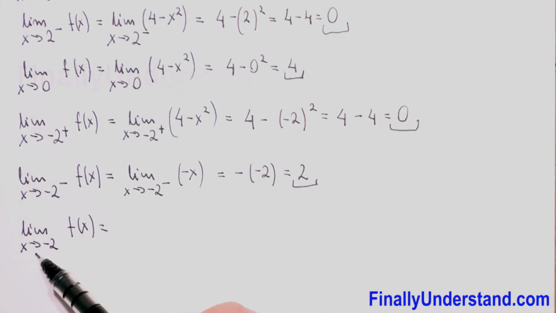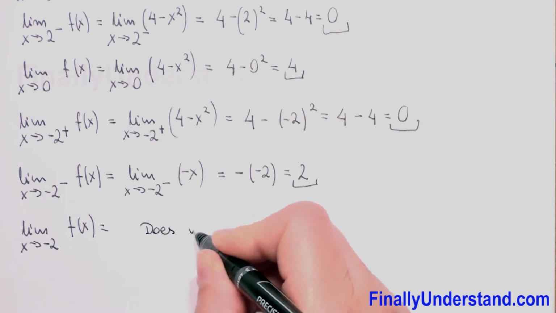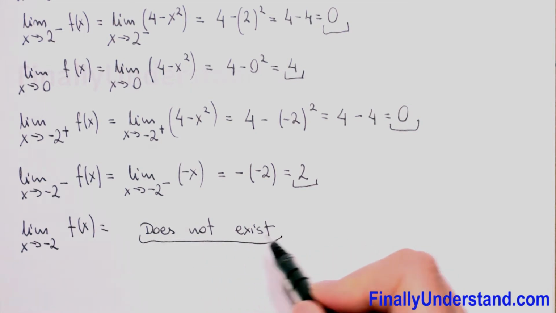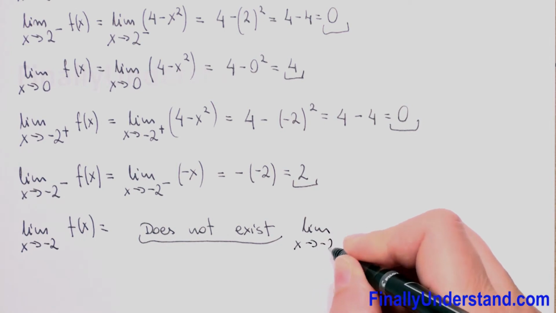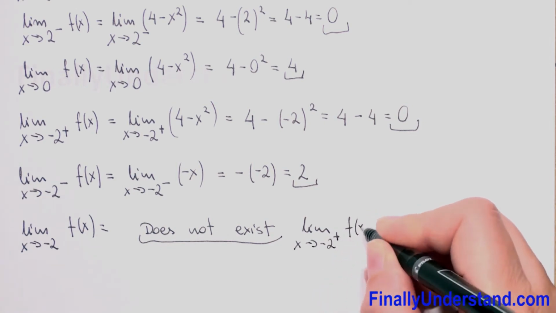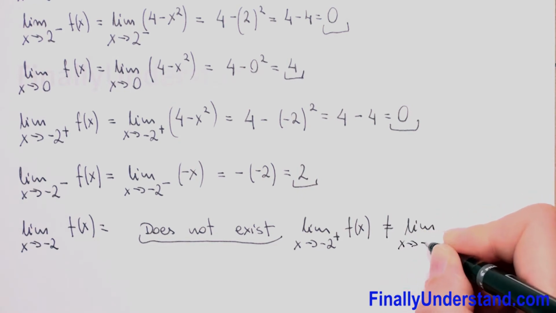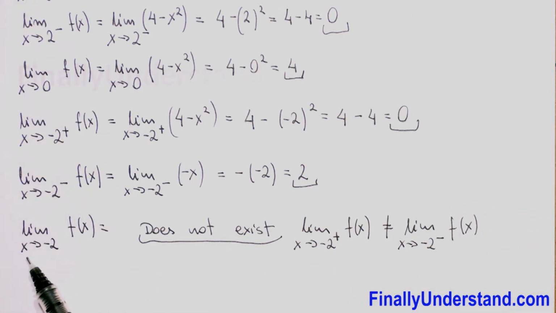It means the limit as x approaches negative 2 of f(x) does not exist. Why? One more time. Because the limit as x approaches negative 2 from the right of f(x) is different than the limit as x approaches negative 2 from the left of f(x). That's why the limit as x approaches negative 2 of f(x) does not exist.